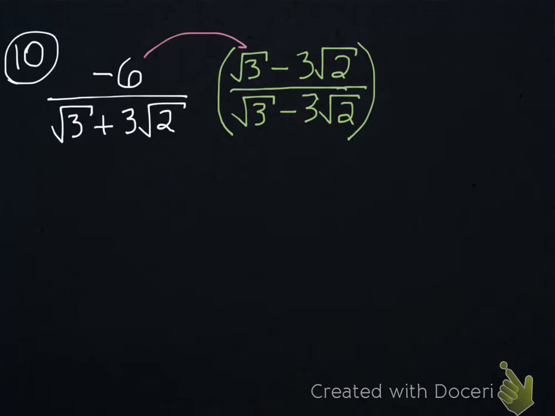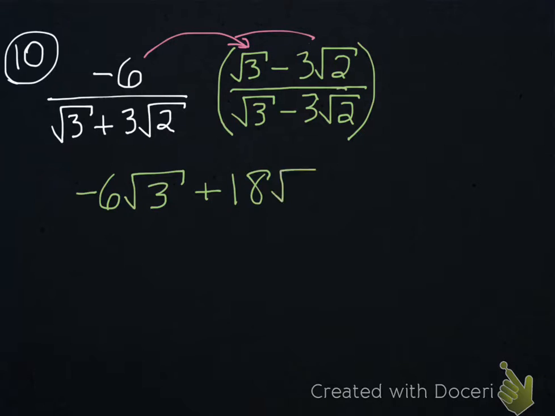Now on top, because I have one term, I can distribute that one term to both terms in the top. So negative 6 would actually stay on the outside because we don't multiply into the radical. But negative 6 times 3 would give me 18 with my square root 2.